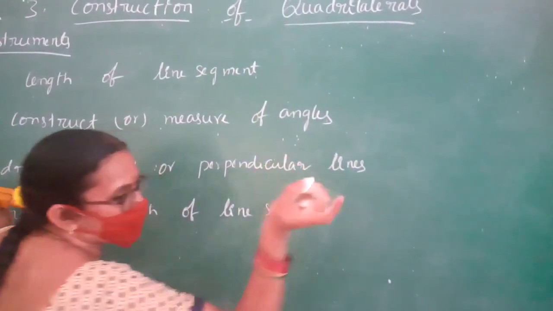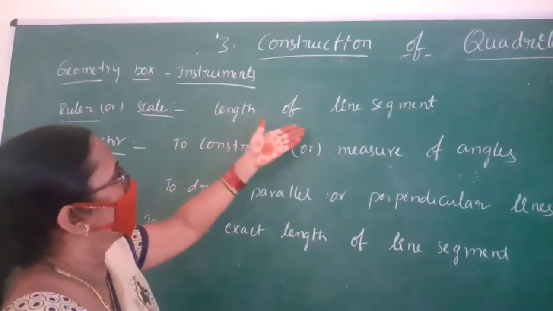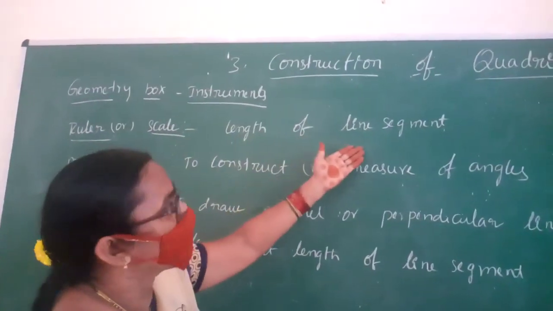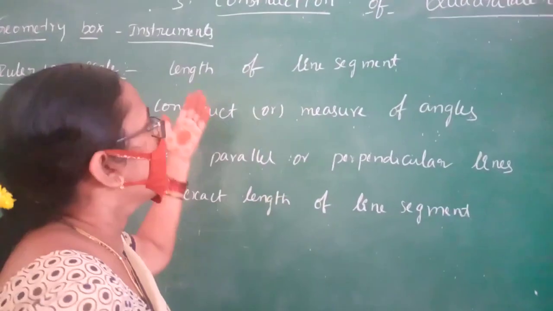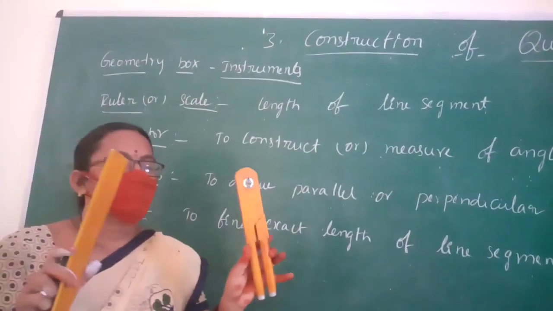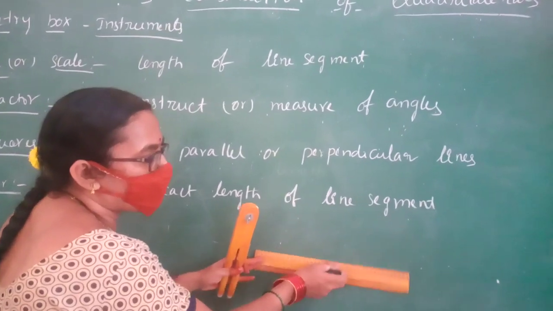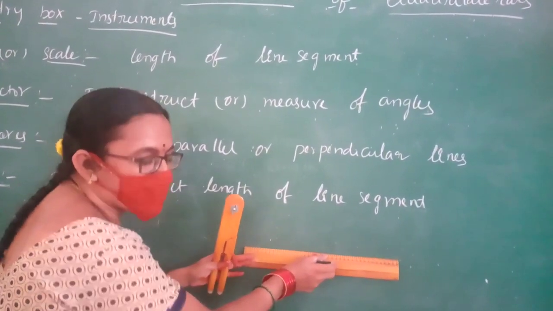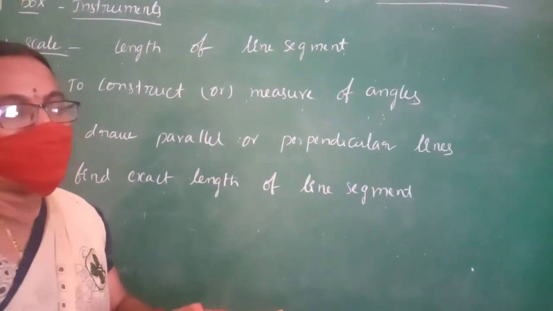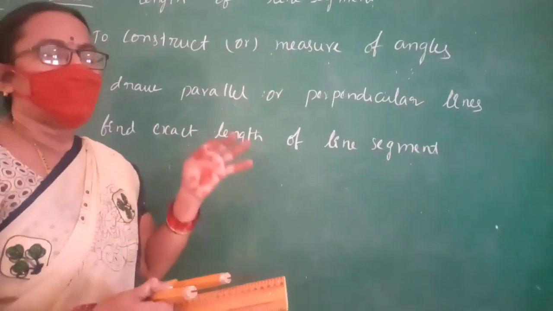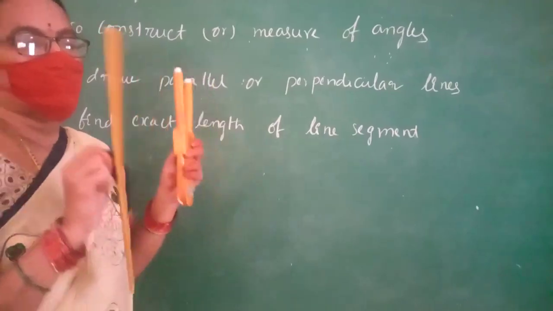Yes, what is your doubt? Before, I told you scale is used to find the length of a line segment. But what about this instrument? What is the difference between scale and this instrument? With the help of this instrument, we find the length exactly. That is the main difference between these two instruments.